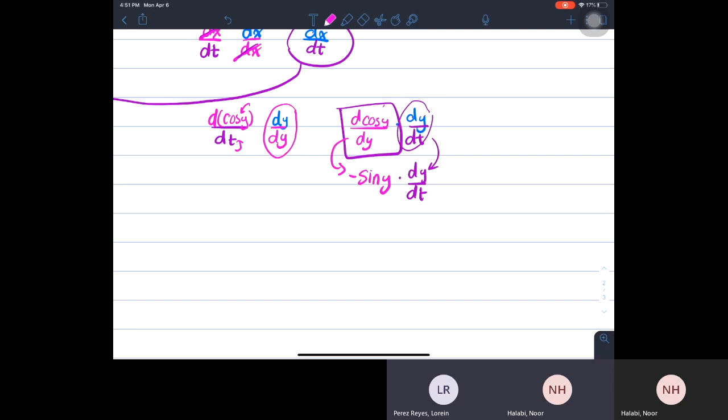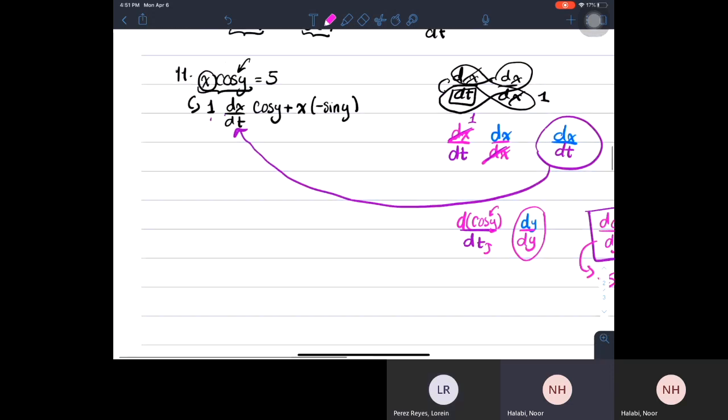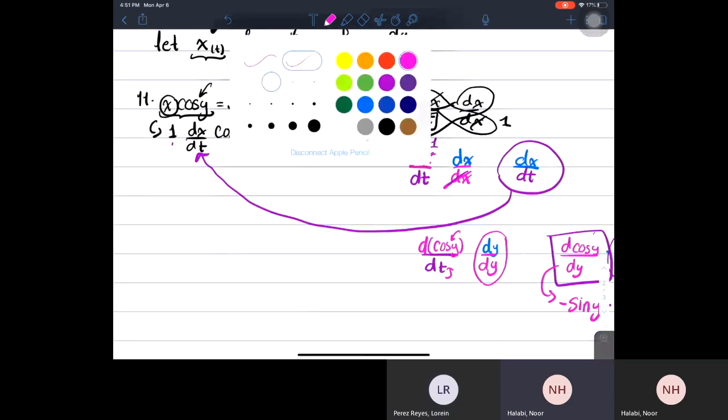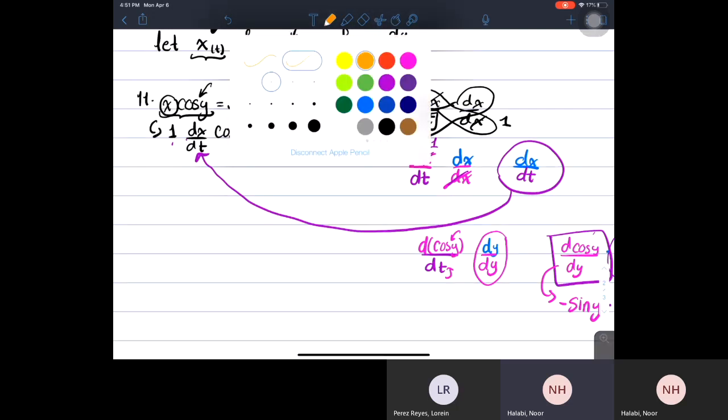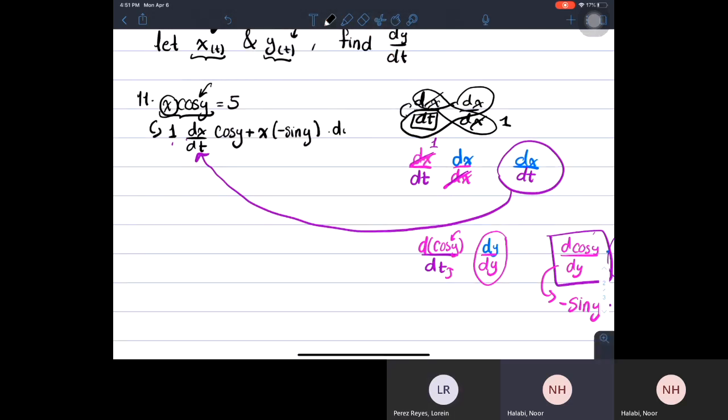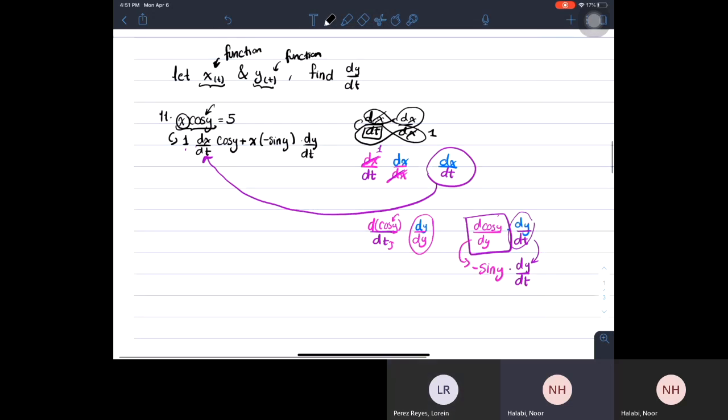All right, I see it. So now I just multiply it here. This is the negative sine y portion, we took care of that. We just need to multiply it by dy over dt. Right, Lauren? Okay.